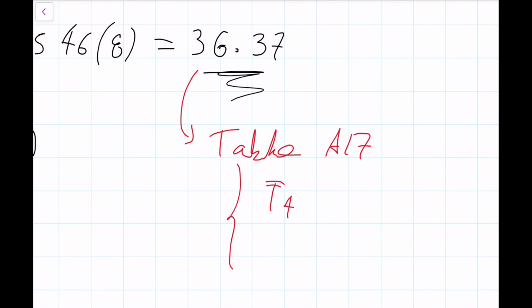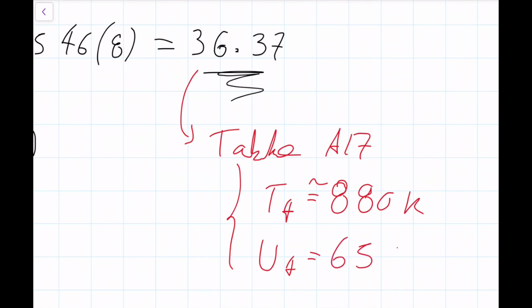So interpolating this for temperature, I got T4 to be 880 approximately. That's Kelvin. And I got my U4, my internal energy 4, to be 659.7 kilojoules per kilogram.